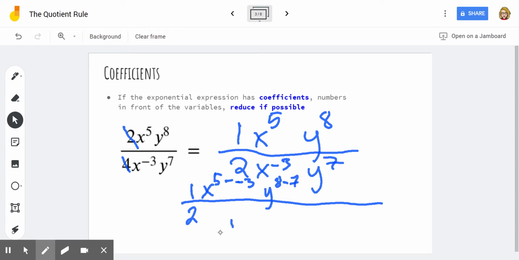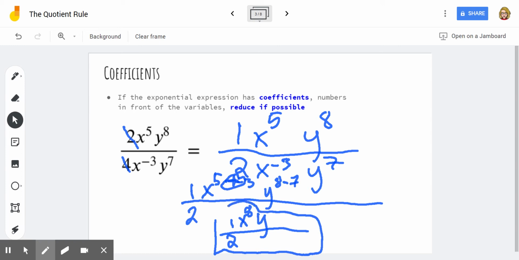From here, we're going to have 1/2, 5 minus negative 3. Remember, you're going to add when you have a double negative. So 5 plus 3 is x to the 8th. And then 8 minus 7 is just 1. So we can write y, or y to the first power. So this right here is our final answer.